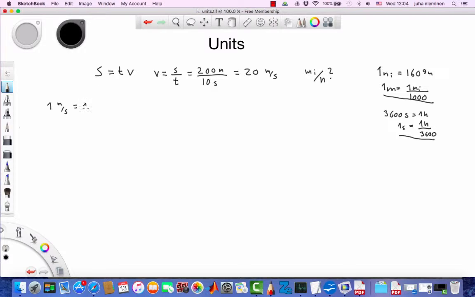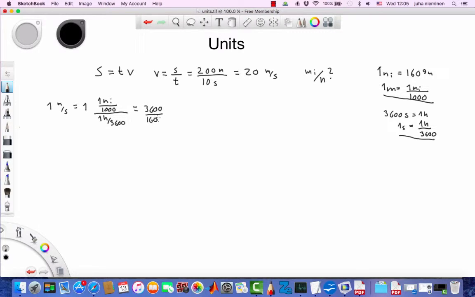So we have 1 times, how much is 1 meter here? 1 meter is 1 mile divided by 1,609, and that is divided by the second, which by definition is 1 hour divided by 3,600. So what do we get from here if we multiply the numbers and also evaluate the expression of these units? So first of all, we have 3,600 divided by 1,609.